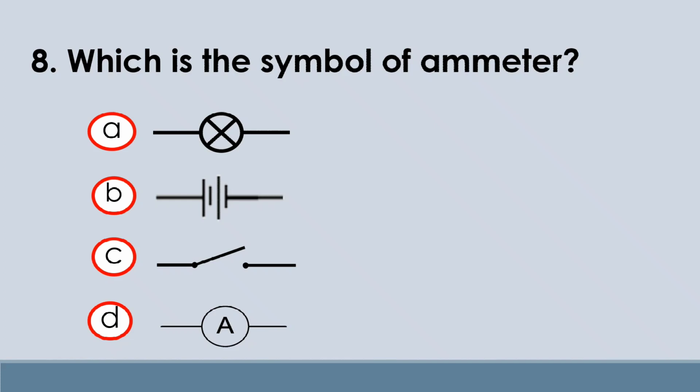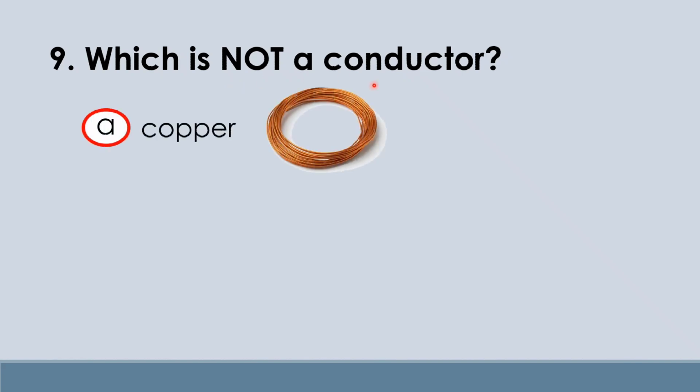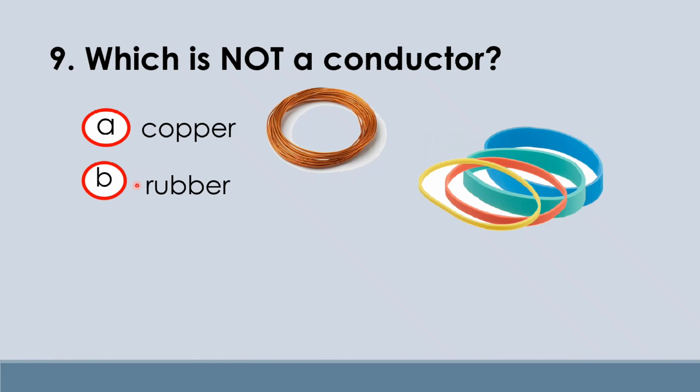Question number 9. Which is not a conductor? Take note of the word not. We are looking for not a conductor. Letter A, copper. Letter B, rubber.